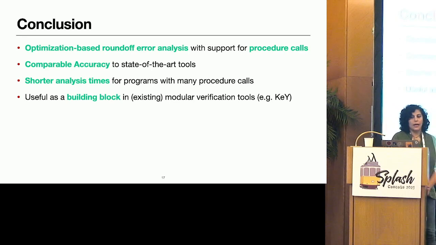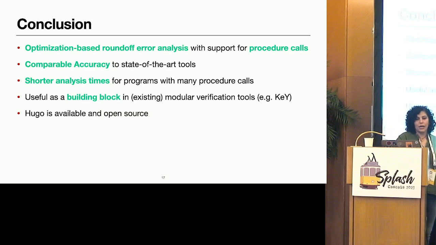Our tool accepts only purely procedural code at the moment. However, we expect our approach to be used in existing modular verification tools. And finally, Hugo is available. It's open source and it's online. You can try it if you want to take a look.